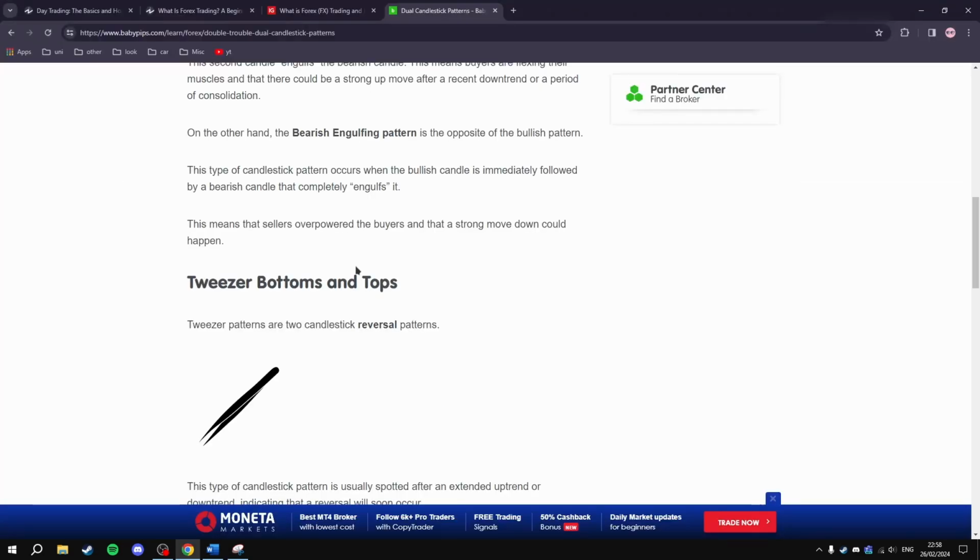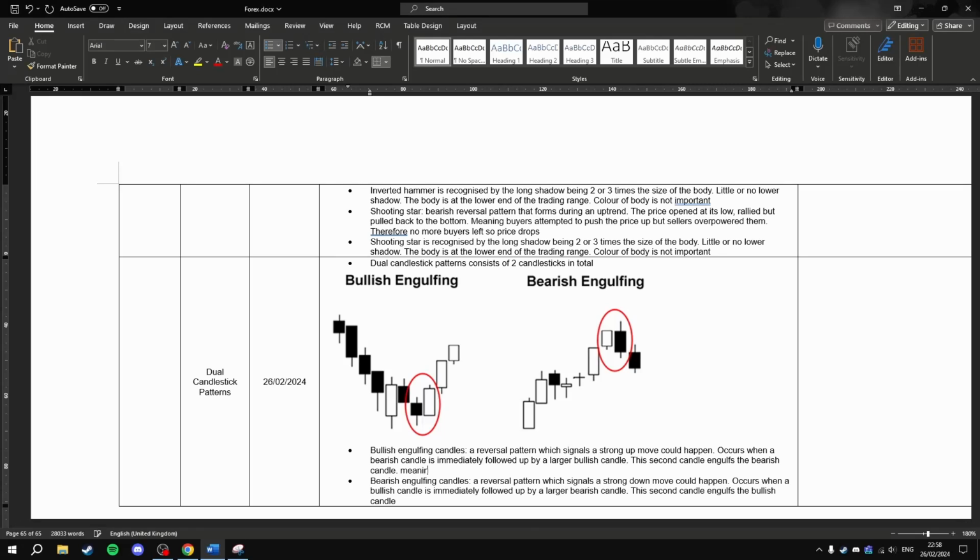This means that sellers overpower the buyers. If sellers are overpowering the buyers, that means there's more sellers than buyers, meaning there's more supply than demand. So if there's more supply than demand, then the price drops.